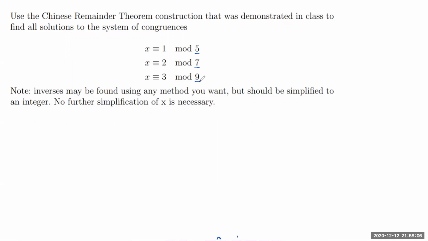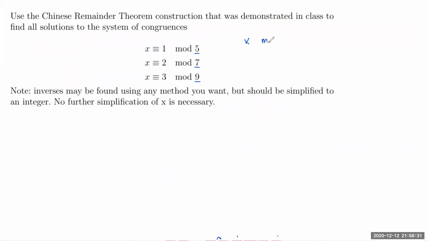Generally in this class, if we ask you to solve for a solution using the Chinese remainder theorem, it will be the case that these are already relatively prime. But for future use, that's one of the conditions for using the Chinese remainder theorem. What you're going to derive is a unique solution x.